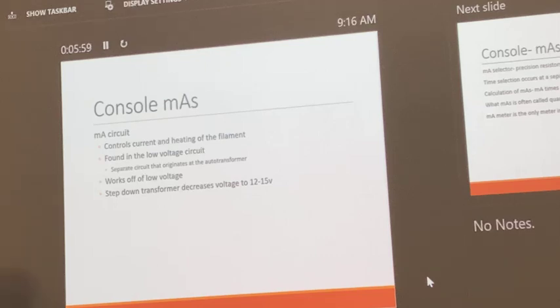Remember, we don't have mA until we make an exposure, right? So when you rotor up, do you have mA? Absolutely you do. You're heating the filament up and you're getting ready to make exposure. Okay, before you make exposure, do you have mAs? And that's a no. You don't have mAs until those electrons are actually traveling across the tube, right?